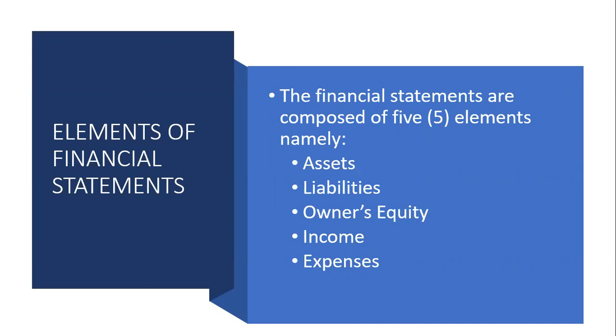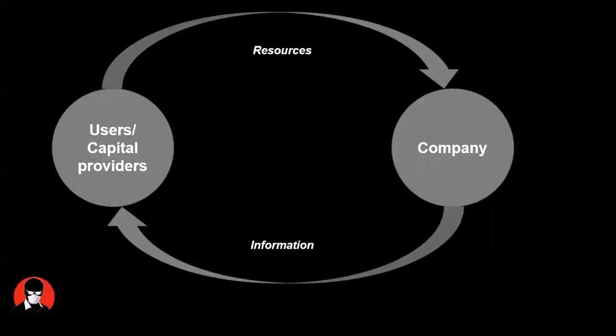What do you mean by financial statements? Remember, this was the discussion in the first part, ULO A. The users or capital providers provide resources to the company, and the company in turn provides information. The question now is, in what way is the information provided to the different users or capital providers?